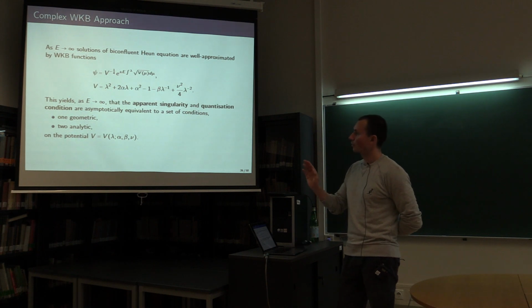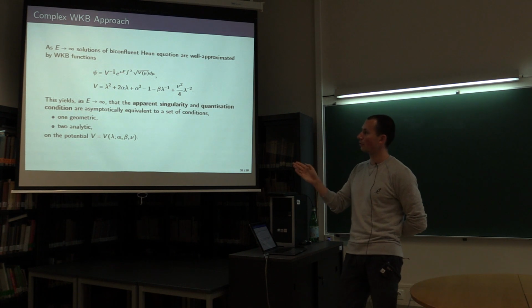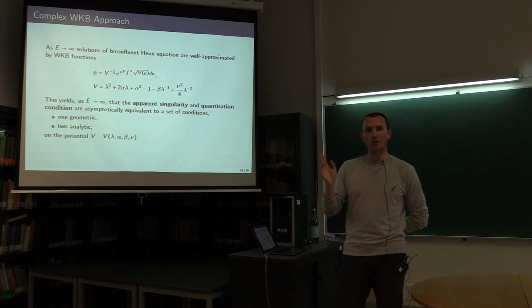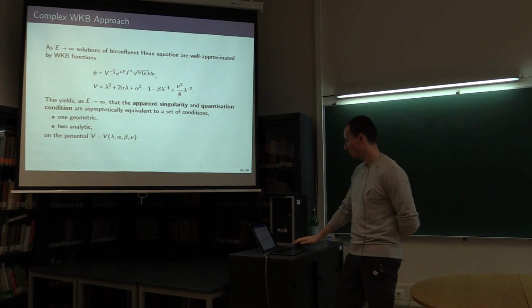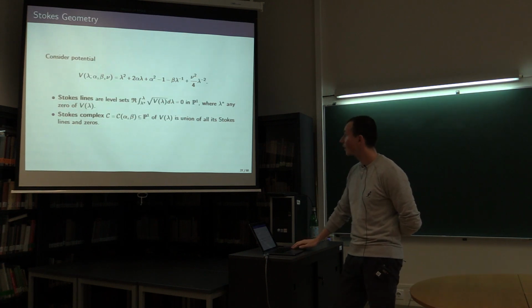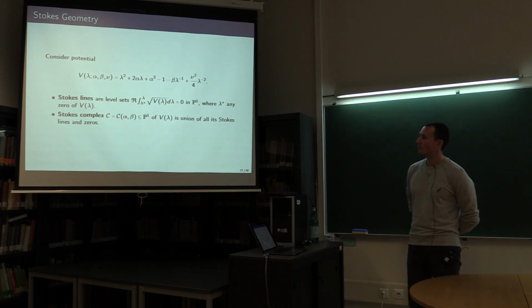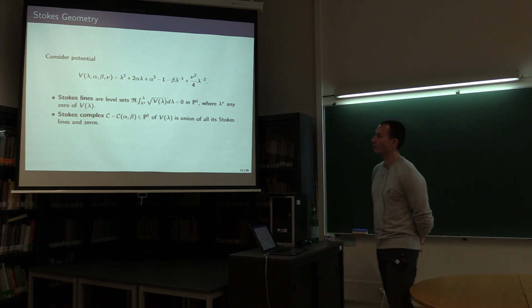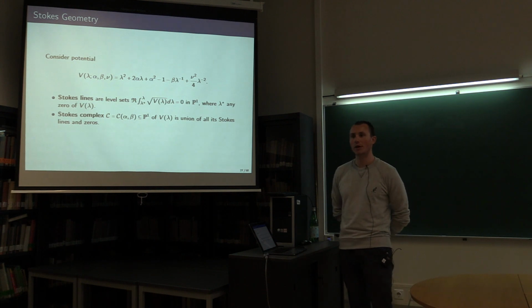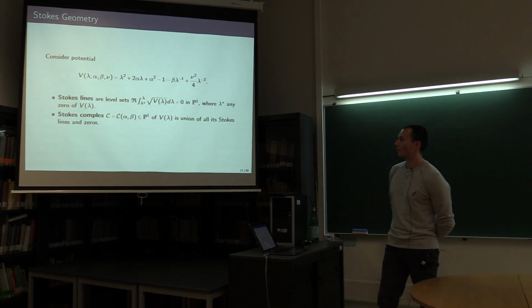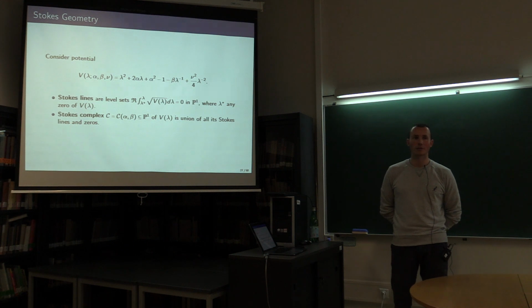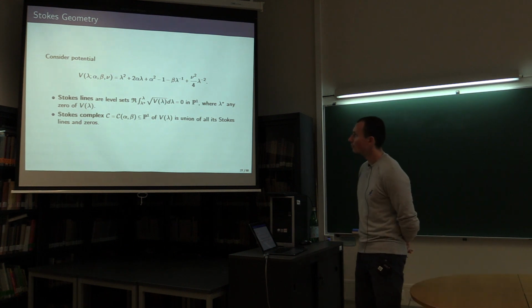So I'll first introduce the geometric condition, then I'll explain a bit about the WKB analysis, and then we'll see what the analytic conditions are. In the WKB theory, Stokes lines play a very important role. They tell you where your approximation is valid and where it breaks down.